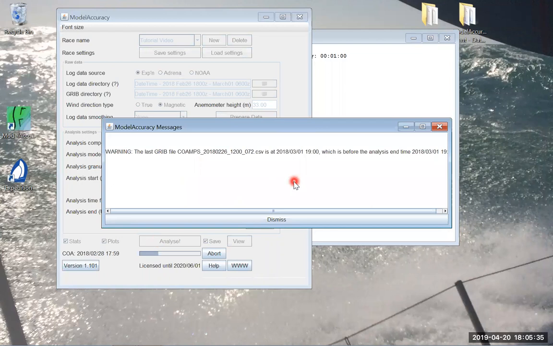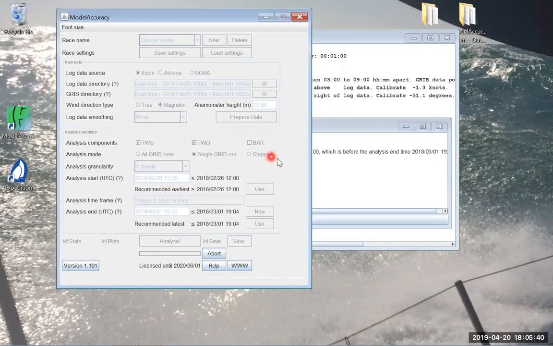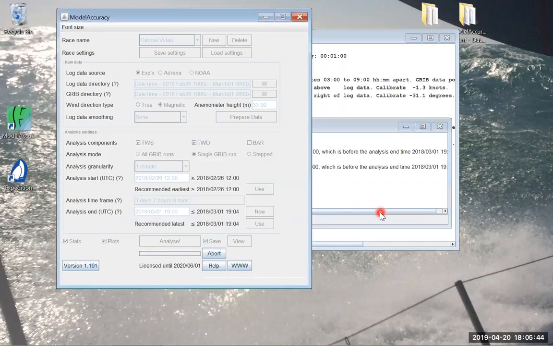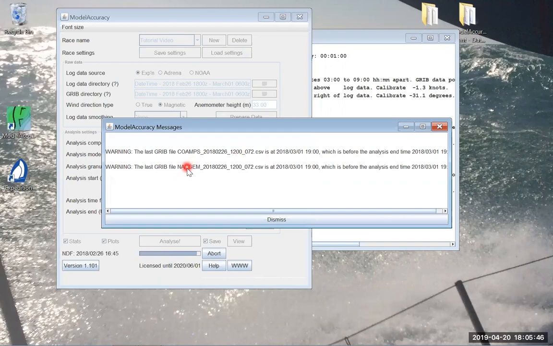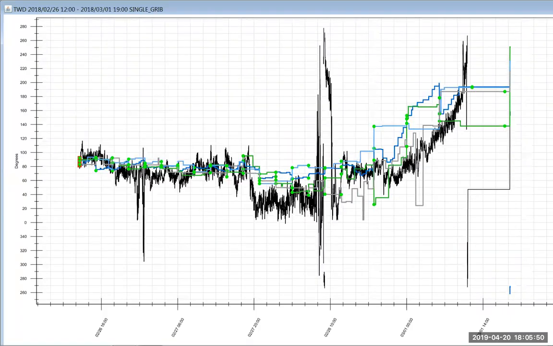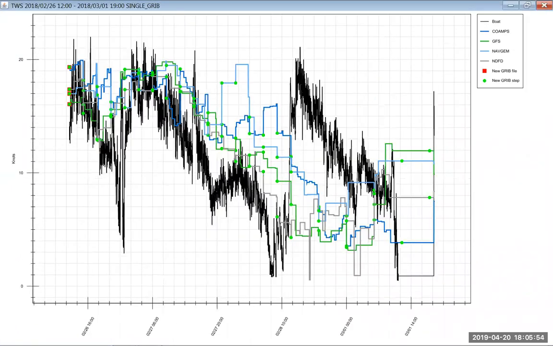Sometimes some errors pop up, and it says the last GRIB file for COAMPS ends before the analysis end time. That means COAMPS and NAVGEM don't go all the way out to the end that we had before. Let's take a look at that real quick.